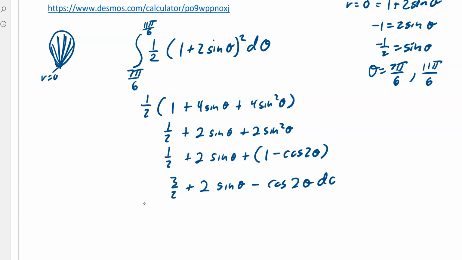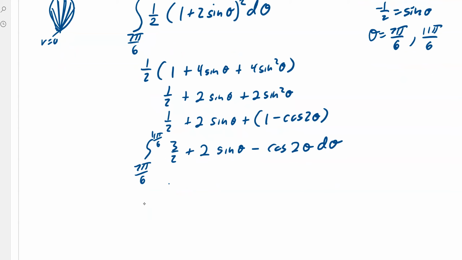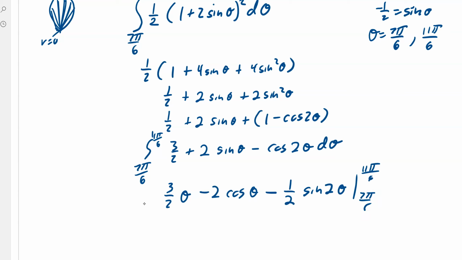All right, now we are ready for our integral. So you can see all we're really doing is just changing what we plug in, starting and stopping values. So we have 3/2 theta minus 2 cosine theta, and then minus 1/2 sine 2 theta, from 7 pi over 6 to 11 pi over 6. Again, it's a cosine.